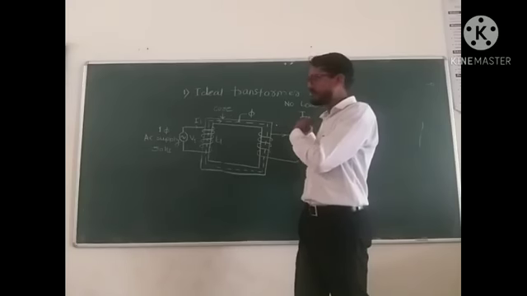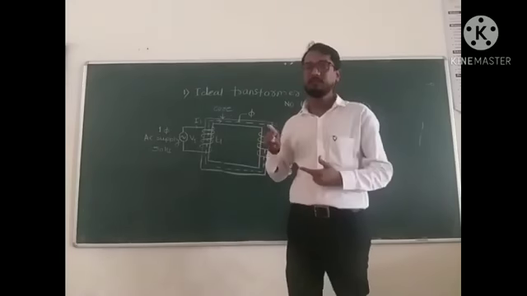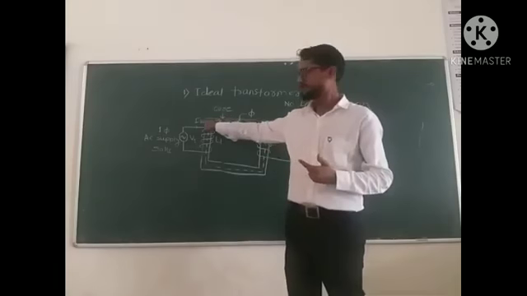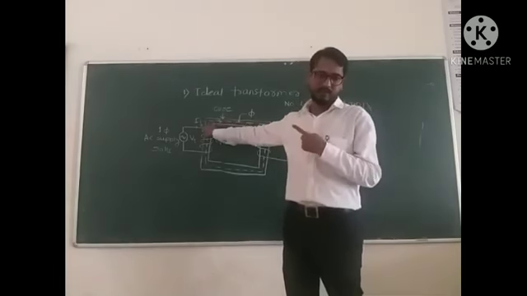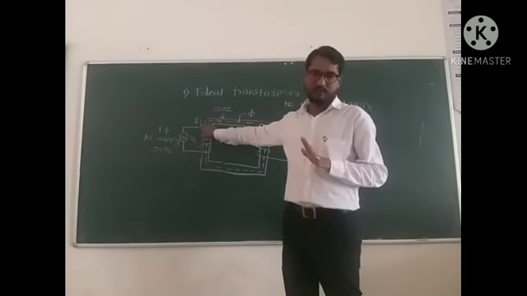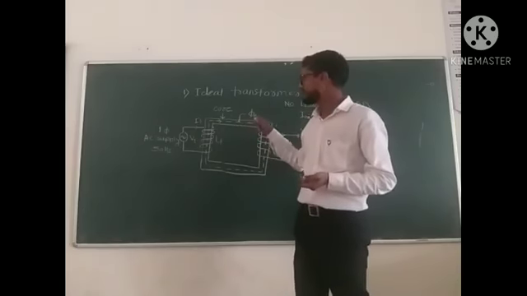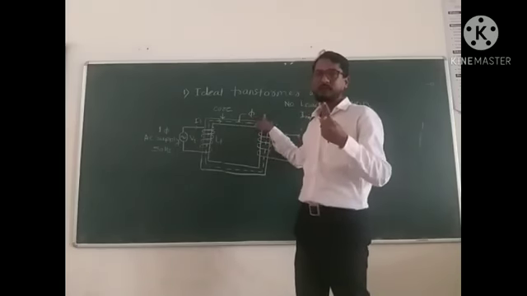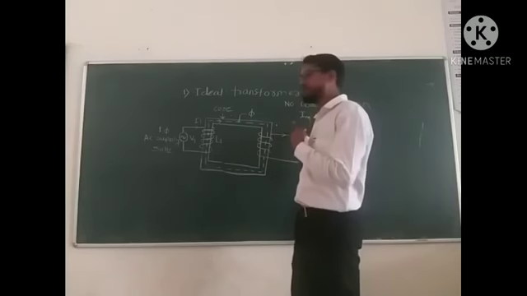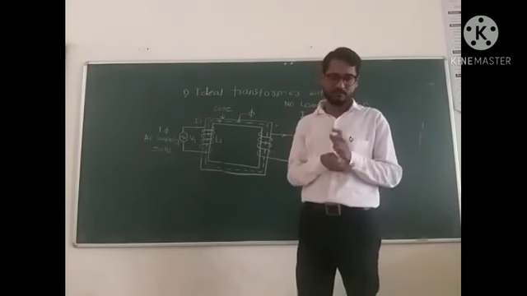IM is the magnetizing current, and this IM is always equal to the primary current I1. The flux phi is always in phase with the magnetizing current.